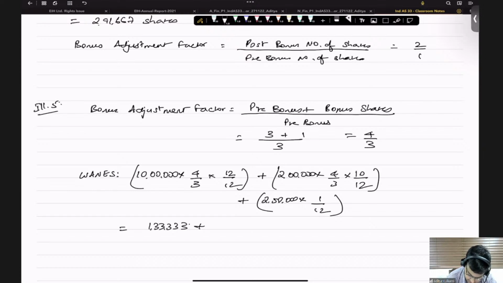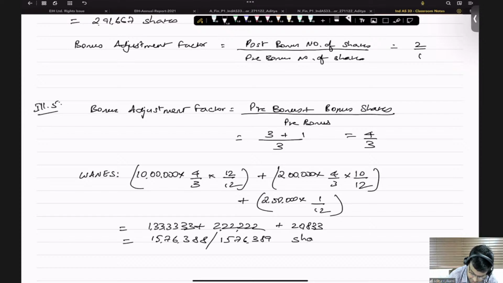This must be 13 lakhs, I think, into 10 by 12. 2,50,000 divided by 12. 15,76,388, 15,76,389.